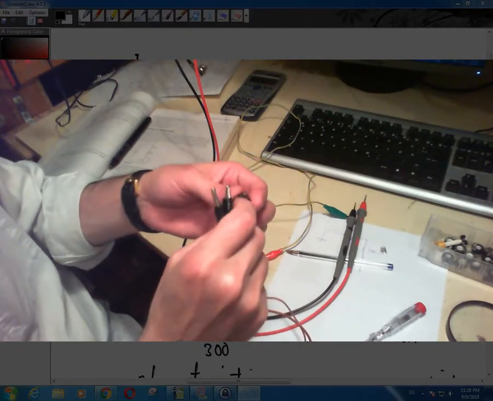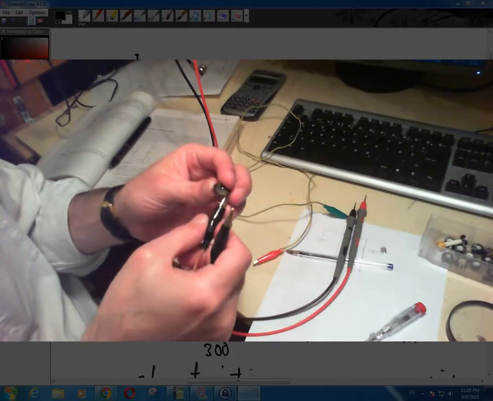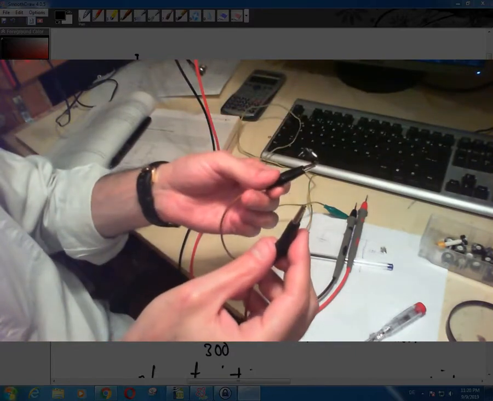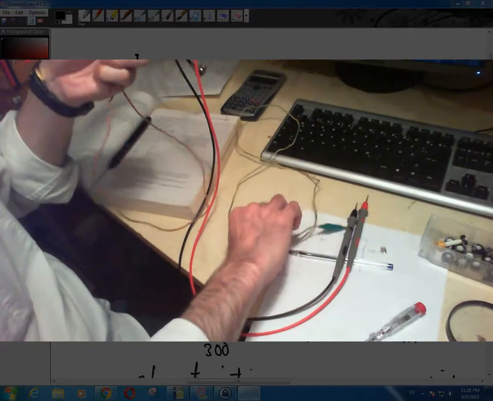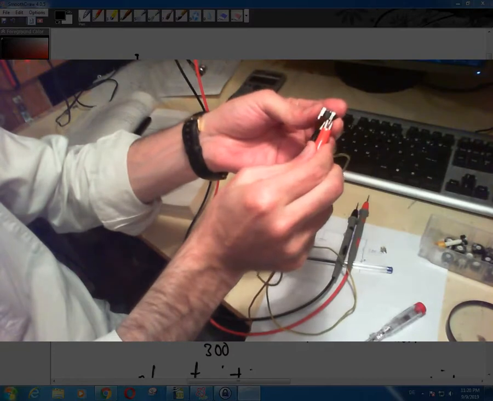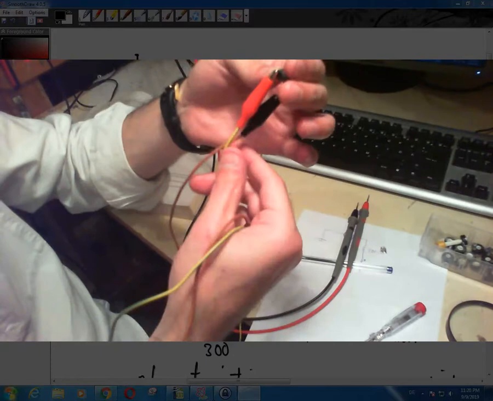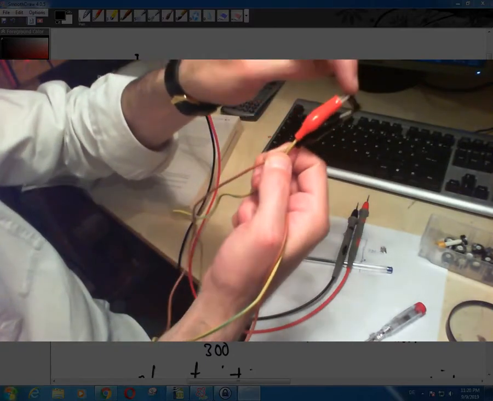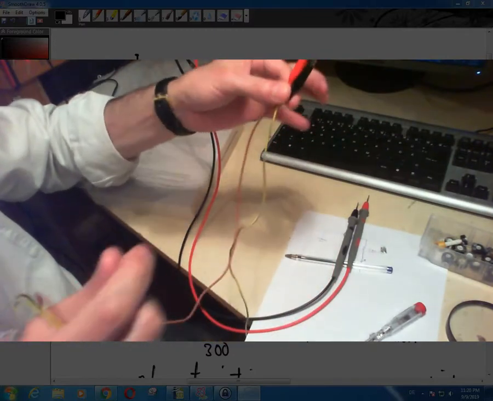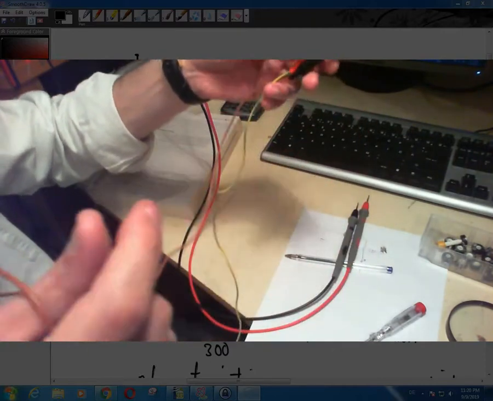Of course, this is not a good connection, but okay. I have another alligator clip connected to one of the other taps, and since it's a clip, it won't fall off.